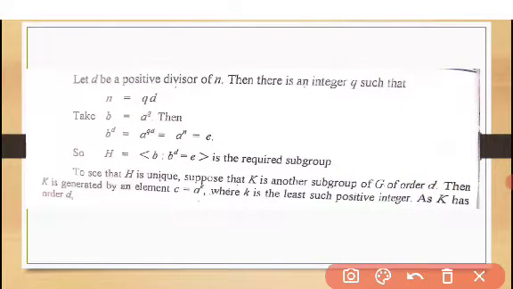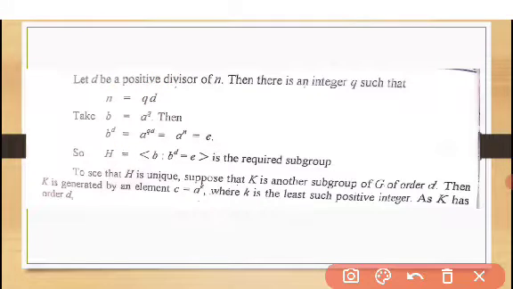Let B be an element of the subgroup, which is equal to A raised to power q, because A is the generator of G, all the elements of G are generated by A, so its subgroup's elements are also powers of A. So if B is equal to A raised to power q, take power D on both sides, B raised to power D is A raised to power qd, and we defined that qd is equal to n.